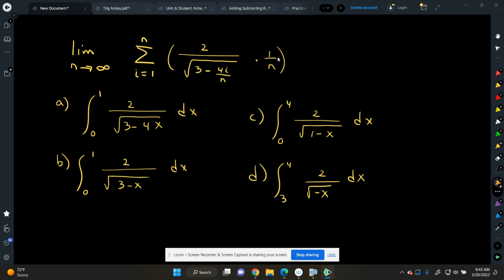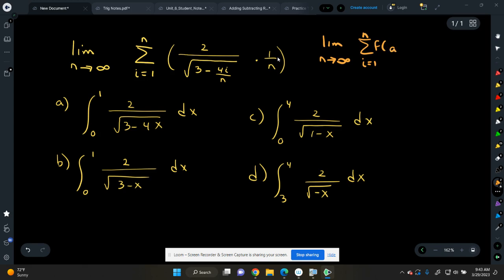And I'm just going to remind you that the limit as n approaches infinity of the summation of i equals 1 to n of f of a plus delta x i, times delta x, this is your integral from a to b of f of x dx.